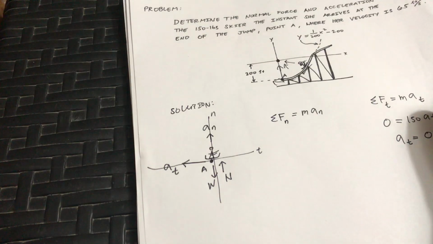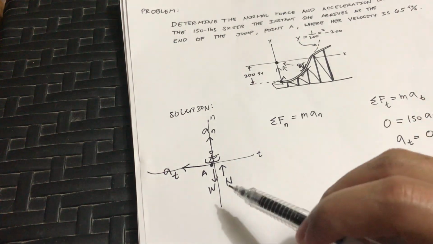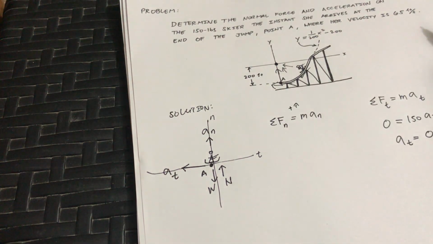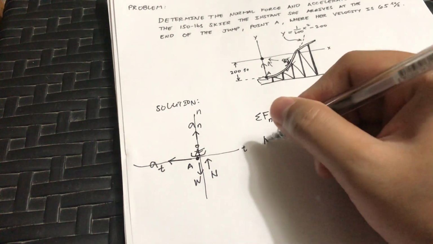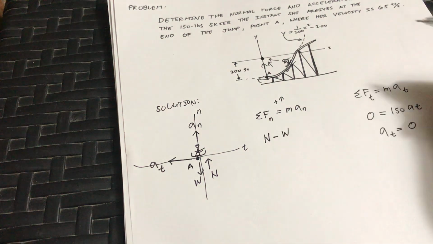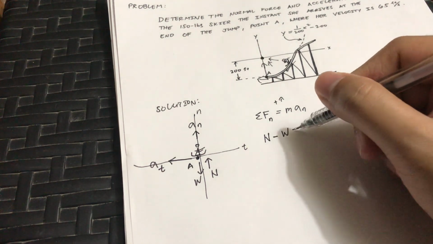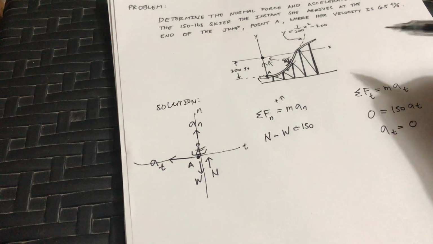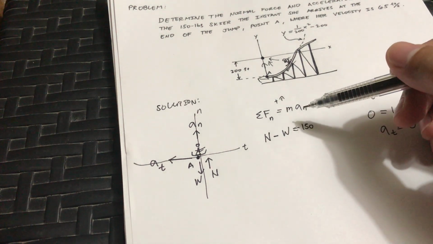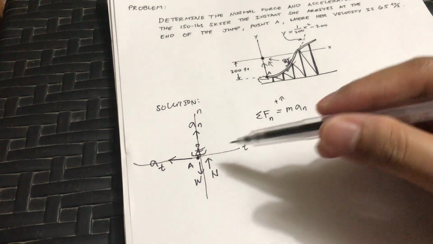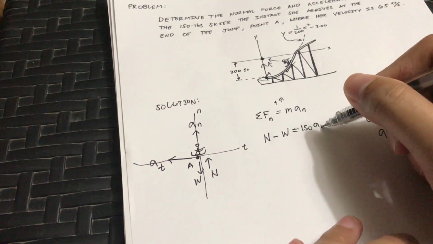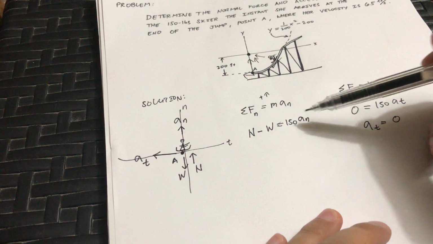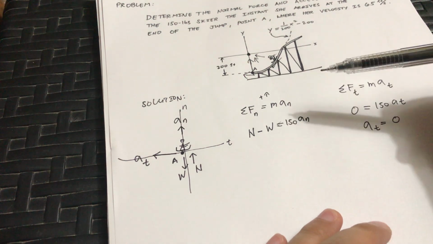Next, for the normal. The forces along the normal, if we assume going up is positive, we get the normal force minus the weight equals the mass of the person, 150, times the normal acceleration. Right now we do not have the normal acceleration.